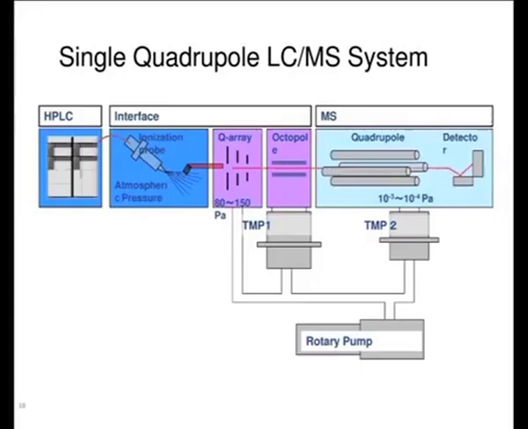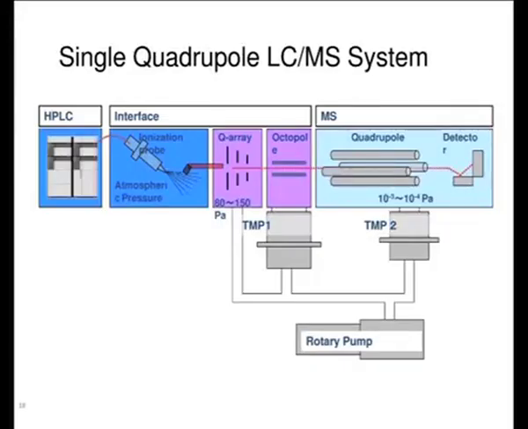How does it work? It contains 4 rods, the opposite rods having the same type of charges. We are providing DC and RF voltage. The RF voltage is used for the acceleration of the ions in the forward direction, and the DC voltage is used for the selection of the ions. What happens generally when a compound gets ionized is that it enters through this desolvation line into the mass spectrometer.